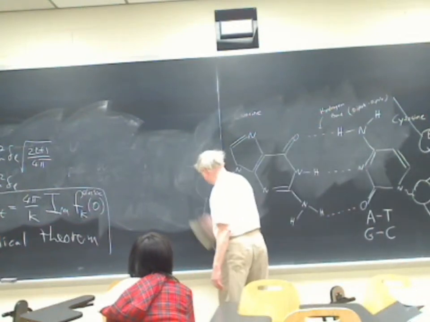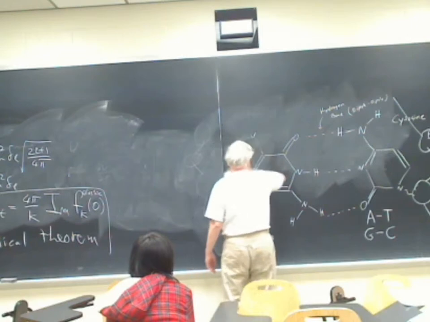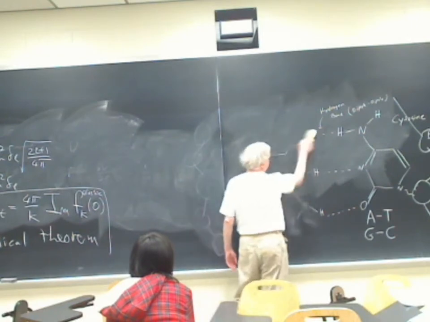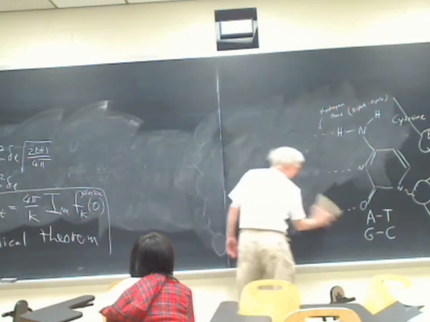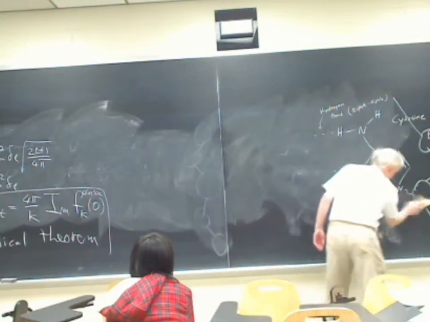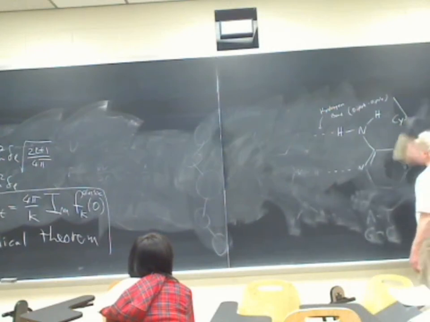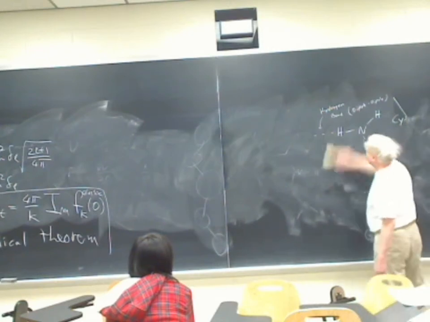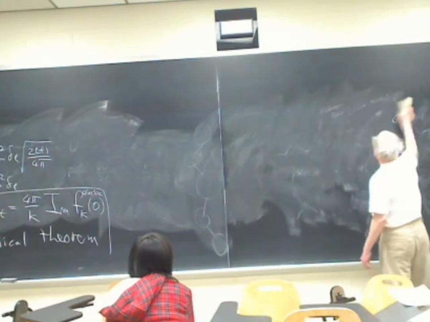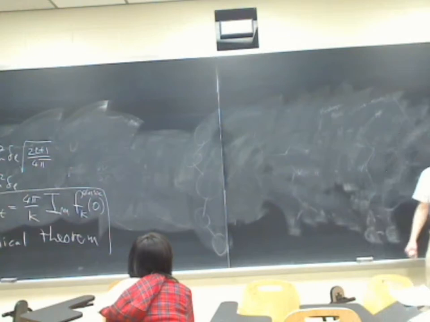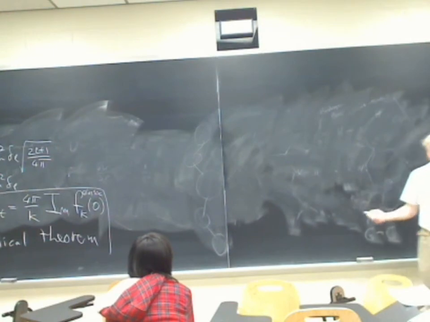What's remarkable is that in eukaryotic cells, at least in mammalian cells, the DNA, of course, has to be replicated every time the cell divides. And in the case of human beings, the DNA has something like 3,000 base pairs. Not 3,000, 3 billion base pairs.